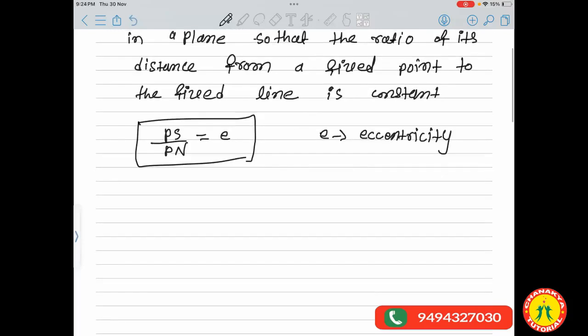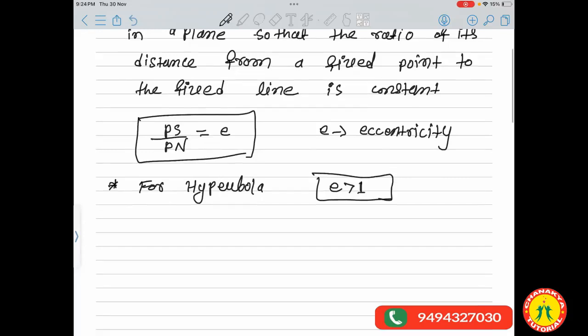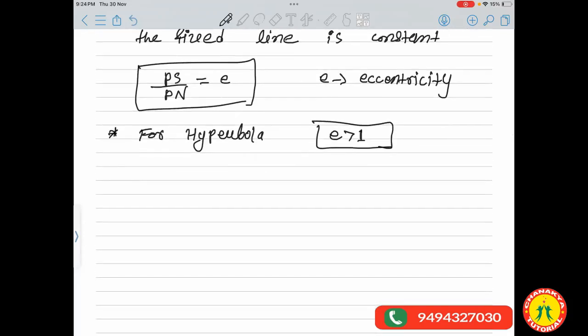So for hyperbola, we need to remember the condition: E must be greater than 1. Eccentricity must be greater than 1. Now you know the general equation of second degree.